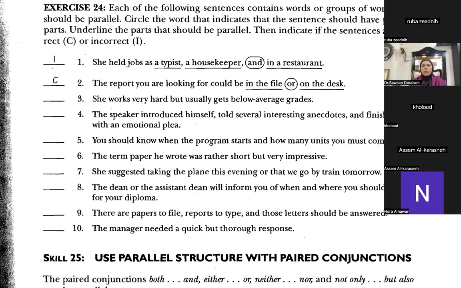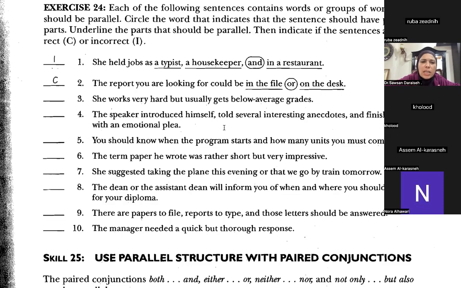Yes, finishing. You have to have parallel structure. Look, these are past: told several interesting anecdotes, introduced himself. So why not have this structure the same as these? He did this and did this and did that also. Finished. And finished. Good job, ED. So the speaker introduced himself. Maybe my mom might ask me where I went yesterday, and I would say I attended an event where someone was speaking.